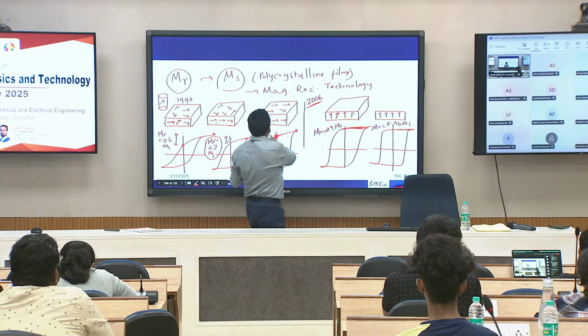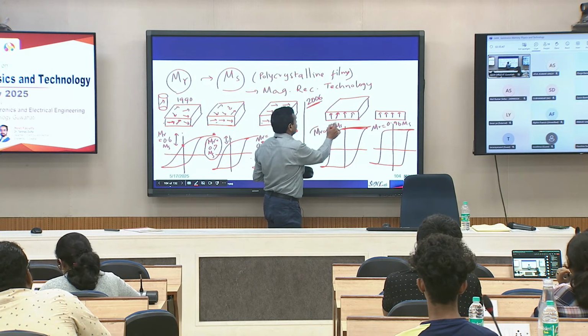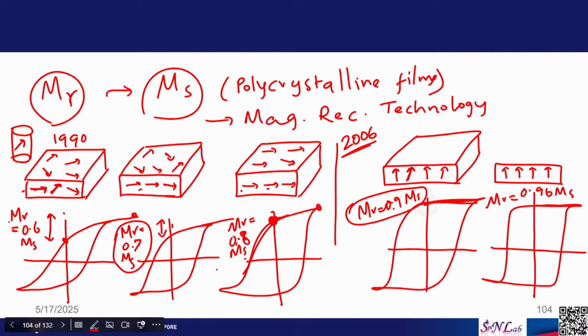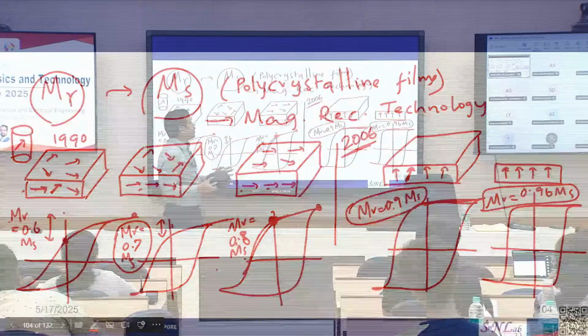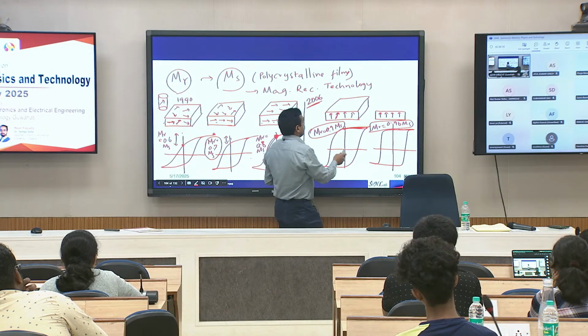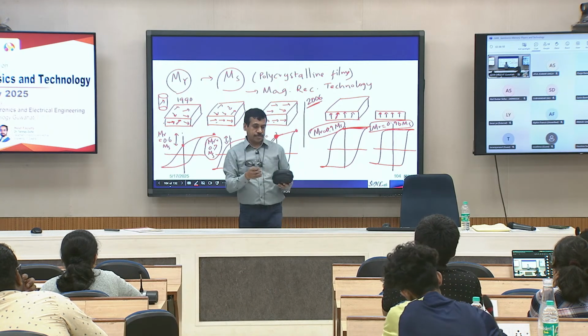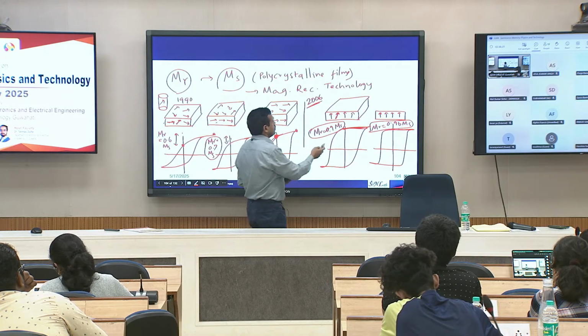So, when you go from longitudinal to perpendicular, you can roughly achieve 90% of saturation magnetization. And now, if you try to minimize this randomness, and make all the grains have the easy axis perpendicular, then you can bring the MR very close to the MS. So, even with polycrystalline materials, you can improve the process to ensure that your film is textured.